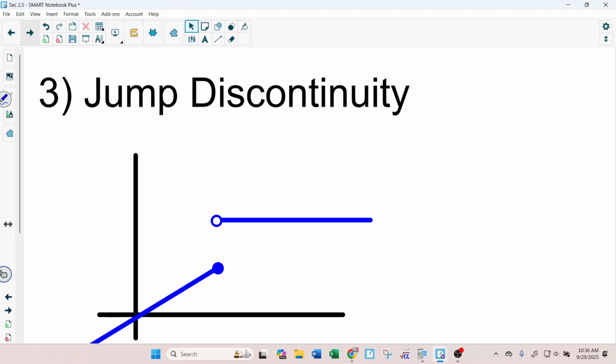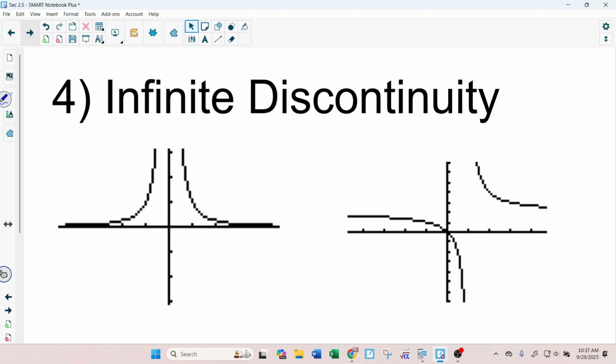That one you can kind of see. Our fourth one is called an infinite discontinuity, or you can also think of that as just a vertical asymptote.